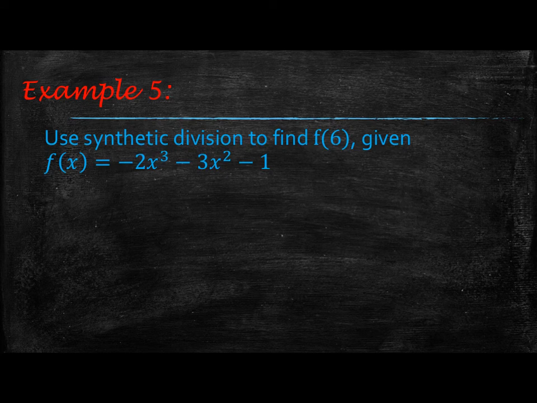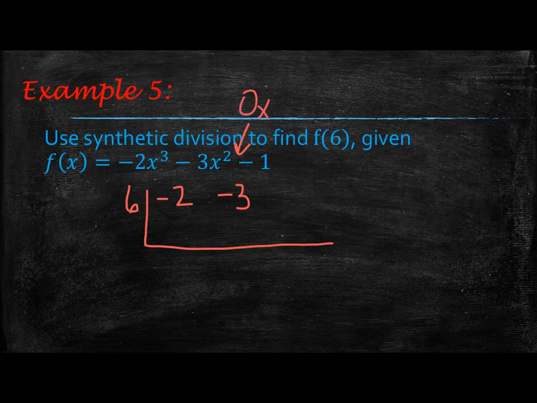Okay, last example. Use synthetic division to find f of 6 given this polynomial. Again, if you remember, the remainder will tell you what that f of k is. We're going to take 6 and put it on the outside, and we're going to do -2, -3. Now there is an x missing, so we need to placehold it with a 0, and then we have -1.